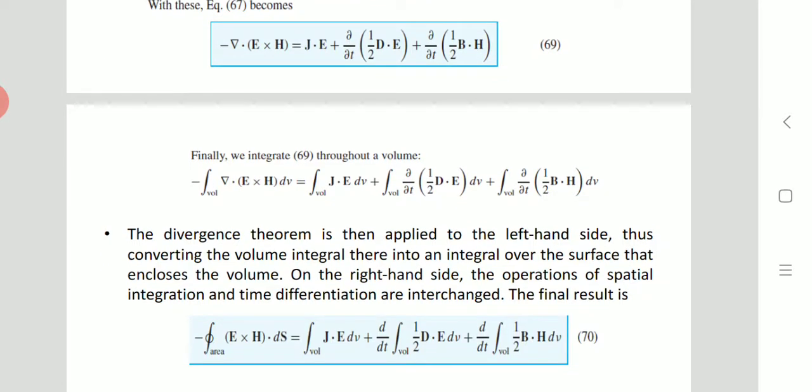converting the volume integral there into an integral over the surface that encloses the volume. On the right hand side, the operations of spatial integration and time differentiation can be interchanged.